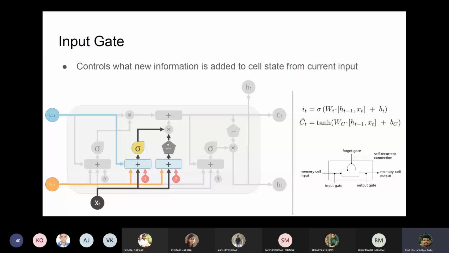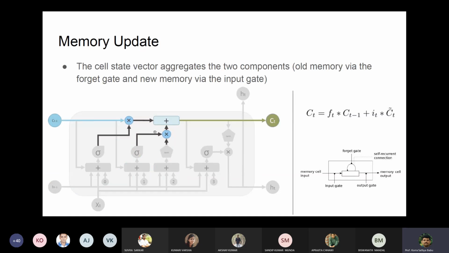Now at the third step, what are you supposed to do? Let us see this. You are updating the memory, the cell state memory. We will update the old state value, which is ct minus 1, into the new state value ct.